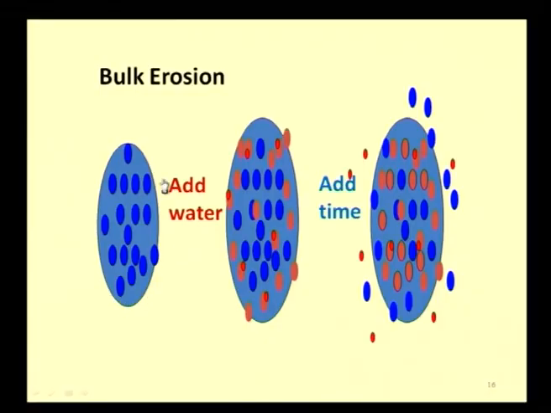This can be once again diagrammatically explained by this particular slide. You have the polymer chain, and the light blue and the dark blue represent the drug molecules. Once water is added, the polymer is subjected to swelling as well as the hydrolysis process.